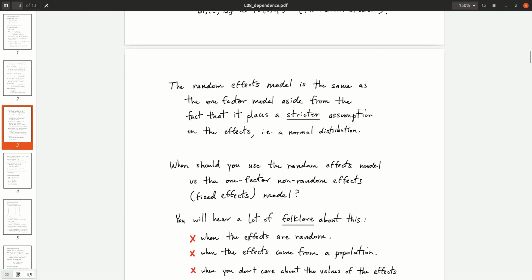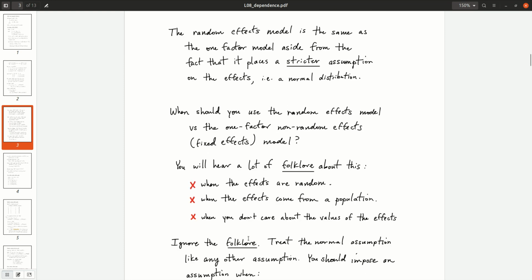Okay, now the way I want you to think about this random effects model is the following. The random effects model is the same as the one-factor model, aside from the fact that it places a stricter assumption on the effects.